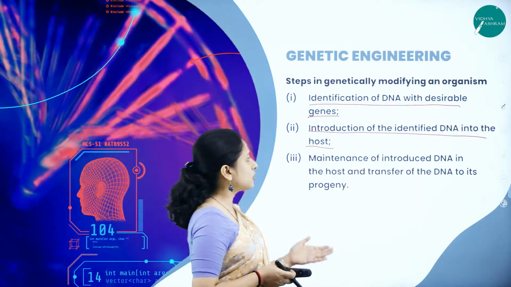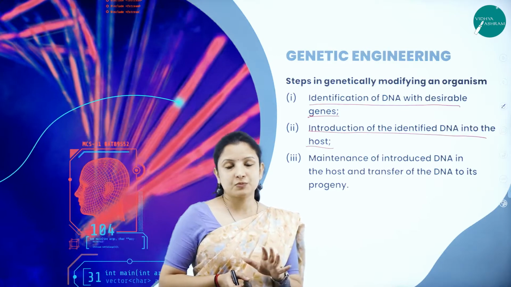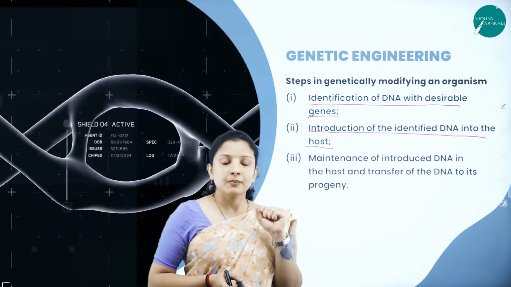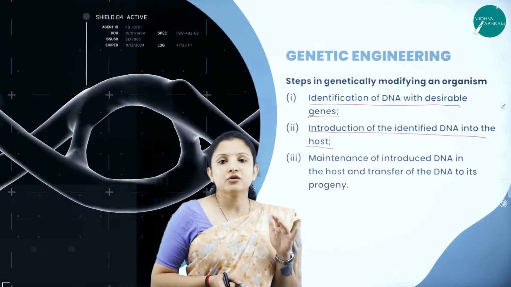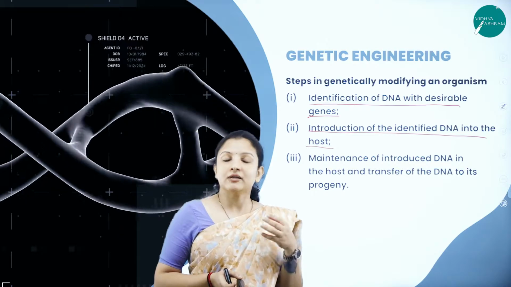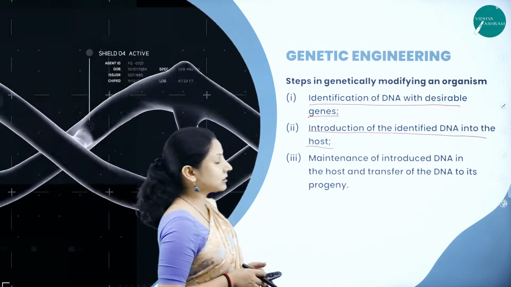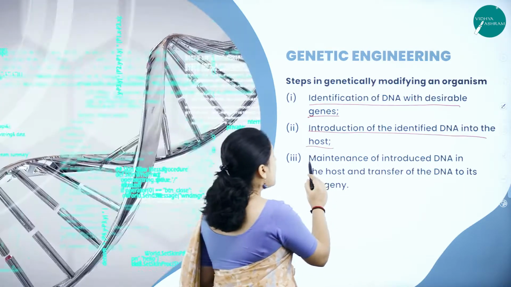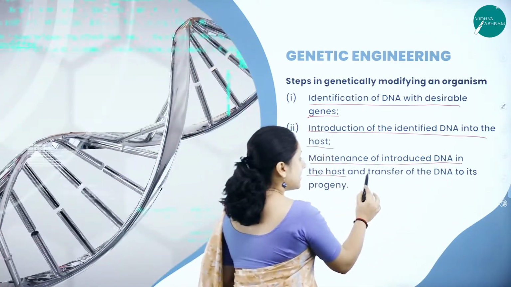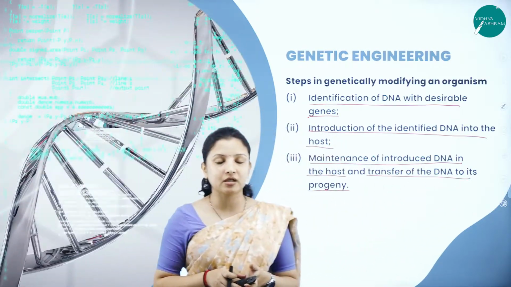The same way here also, after you introduce it into the host plant, you need to take care of that host plant. You need to grow it in a proper environment. You need to see that it is expressing the desired characters and nothing is going wrong in the plant. All that should be taken care of. So, in the third step here, maintenance of introduced DNA in the host and then transfer of the DNA into its progeny. That also should be taken care of.